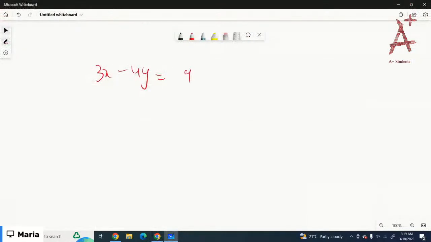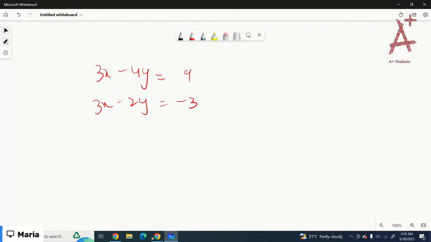Got it? Okay, see the variables. Sorry, x has the same coefficients. That means you can eliminate the variable x.